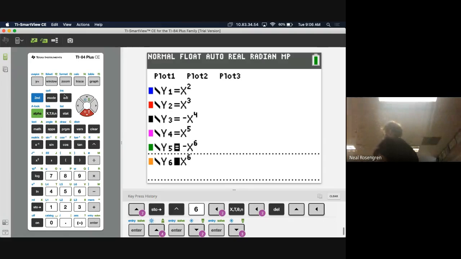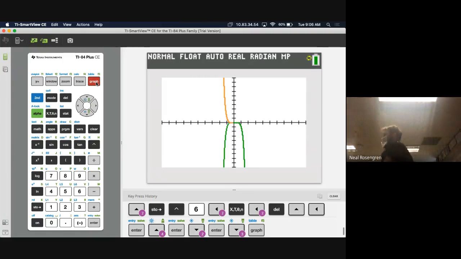But how do you know that it's going to be pointing both up or both down? Can you tell by some other piece of this? X squared did it, negative x to the fourth did it, negative x to the sixth versus positive x to the sixth. What about it? Even. If your exponent is even, arrows point in the same direction.